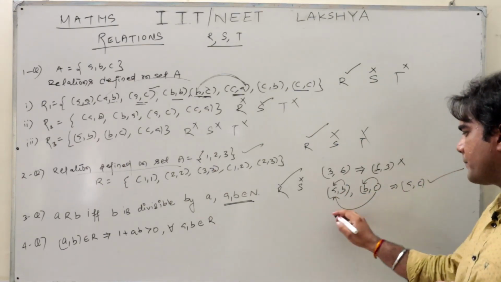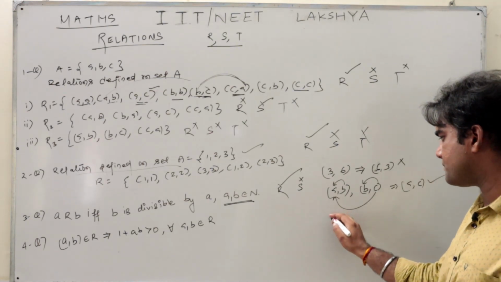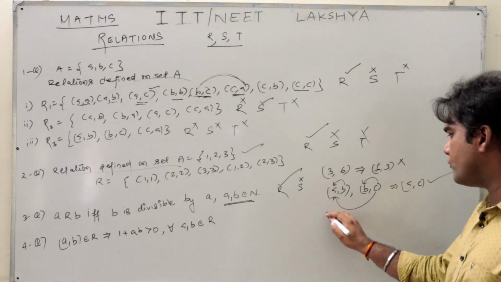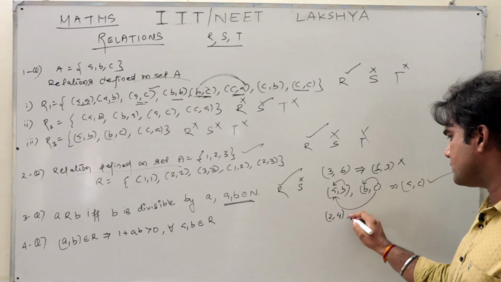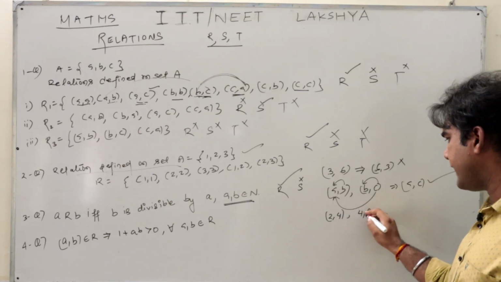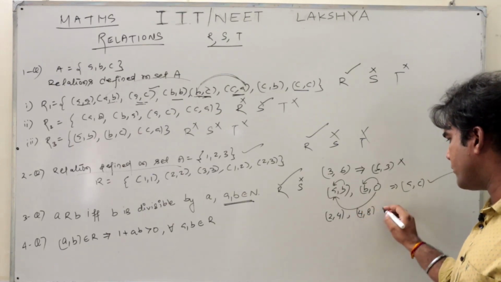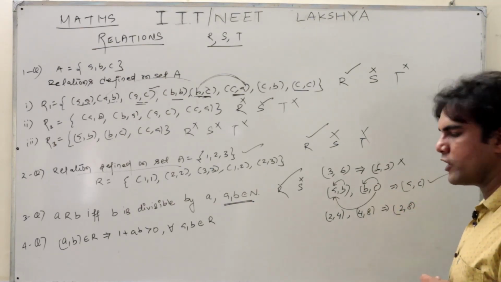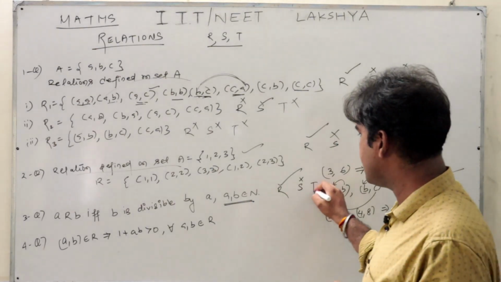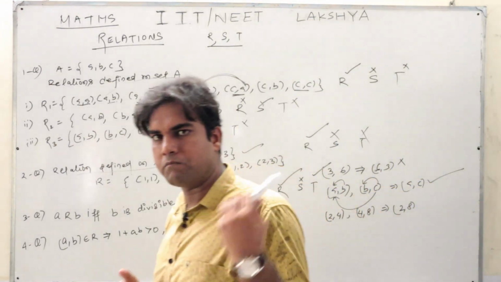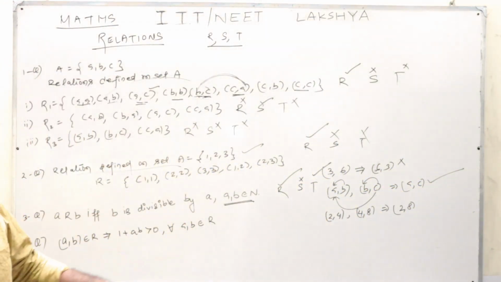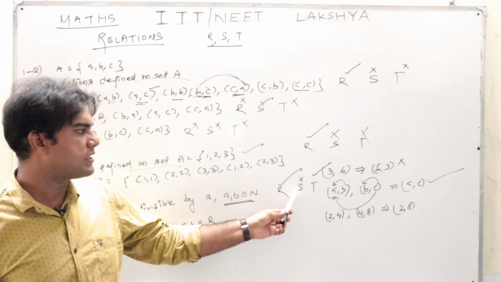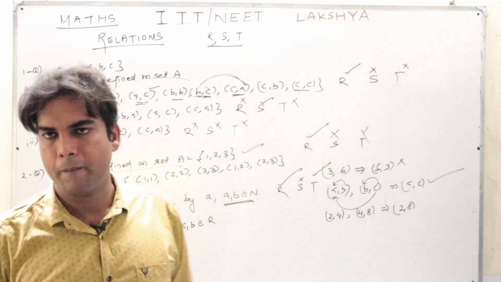For example, 2 4, 4 is divisible by 2. 4 8, 8 is divisible by 4, which implies that 2 8 will also be there because 8 is also divisible by 2. So it is transitive. I hope it is clear to you. So it is reflexive, not symmetric, but it is transitive.